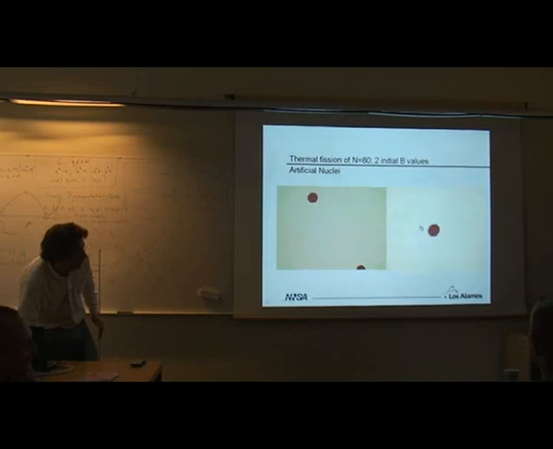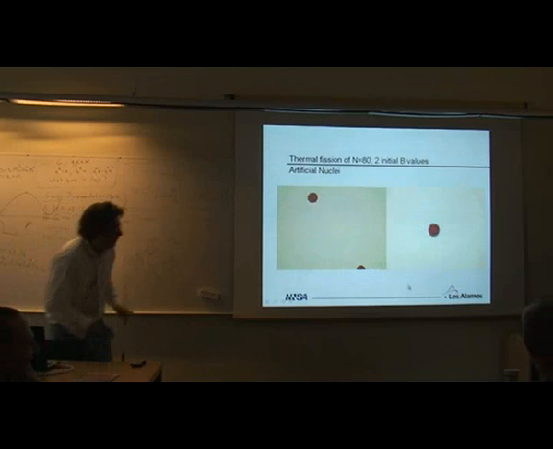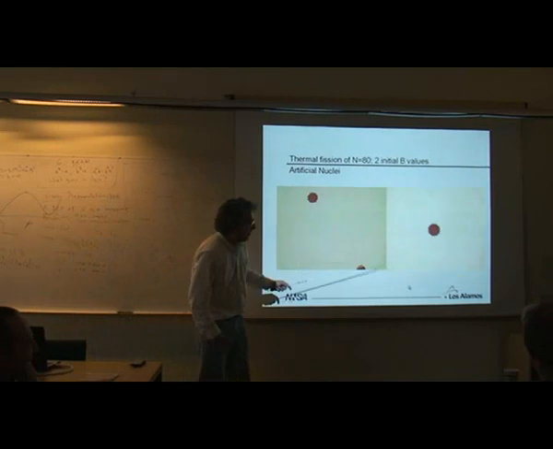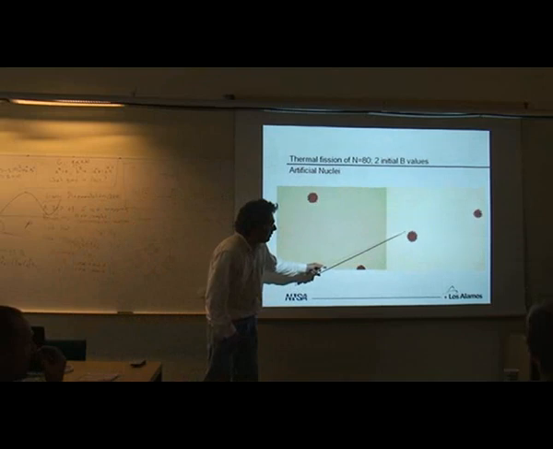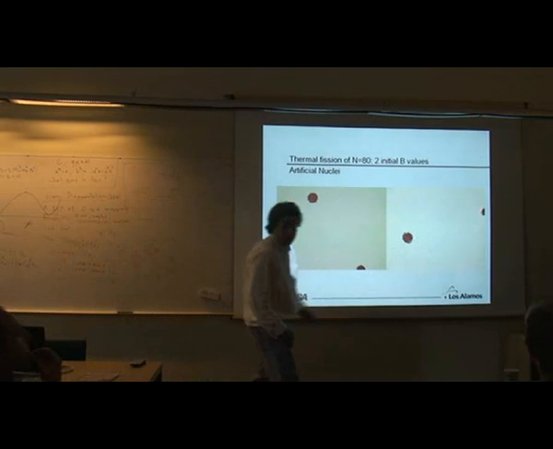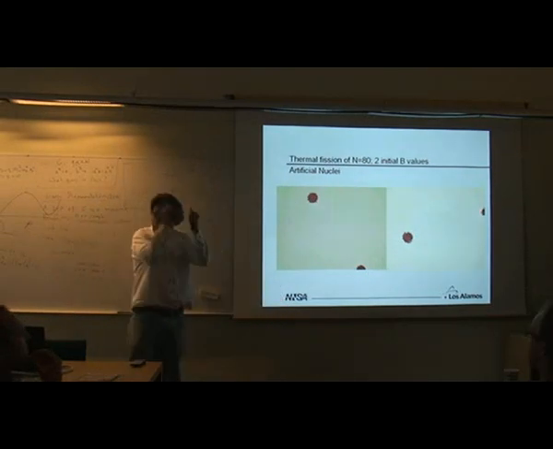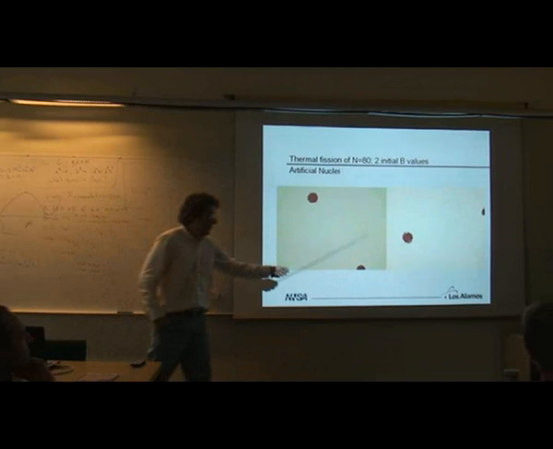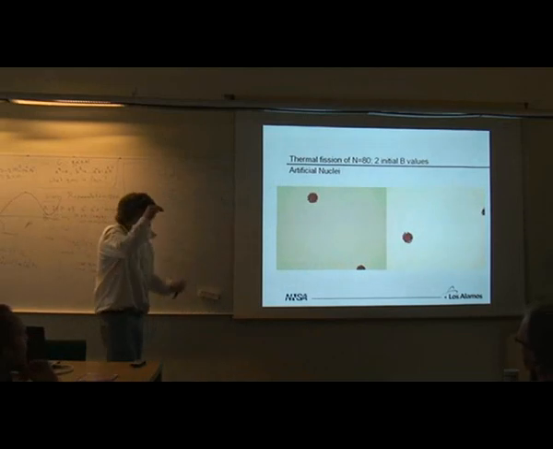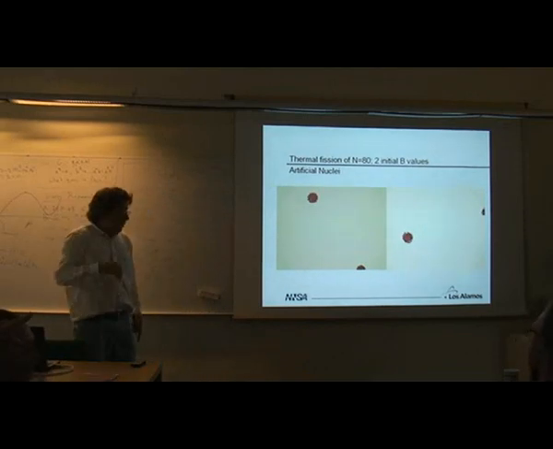But there's a few things you might also notice about this. No matter how many times we do it, there's a tendency for it always to be asymmetric, that you get a big drop and a smaller drop, and there's always one guy who can't decide which to get into. It's not a neutron; there are no neutrons in our system. So what's the difference in particle numbers in these two fragments? It's an integer number.